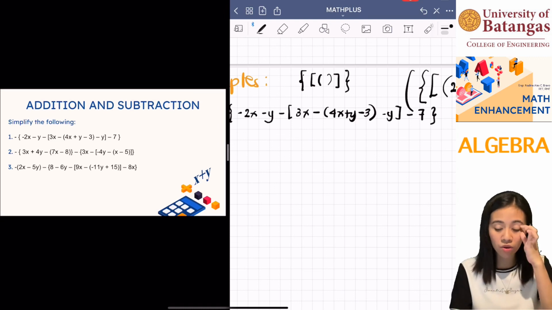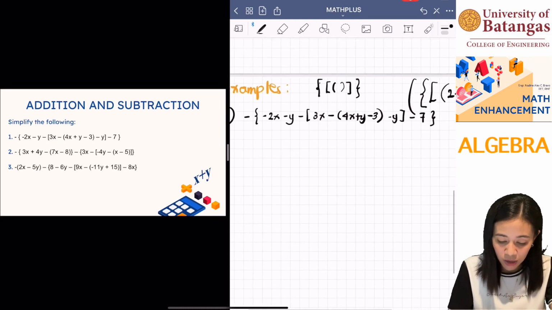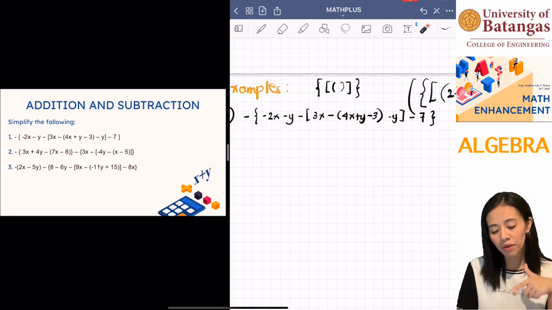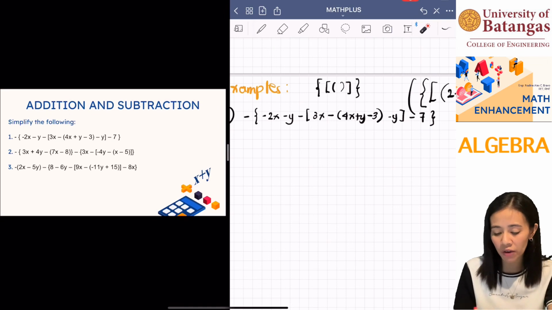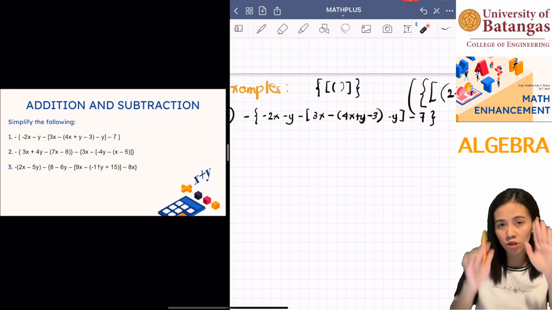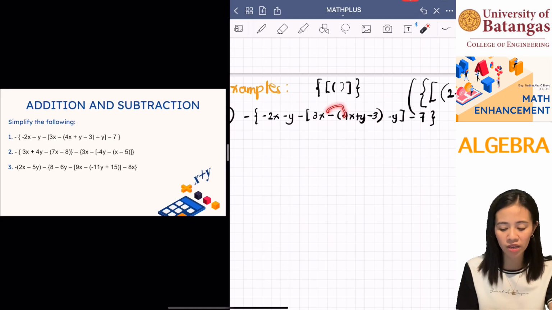So let's start with those in the parentheses first. So ang nasa parentheses mo dito is ito, di ba? Okay. To remove the parentheses, since wala naman tayong pwedeng i-simplify sa loob because these are all dissimilar terms, pwede na lang nating tanggalin yung parentheses by distributing the negative sign.